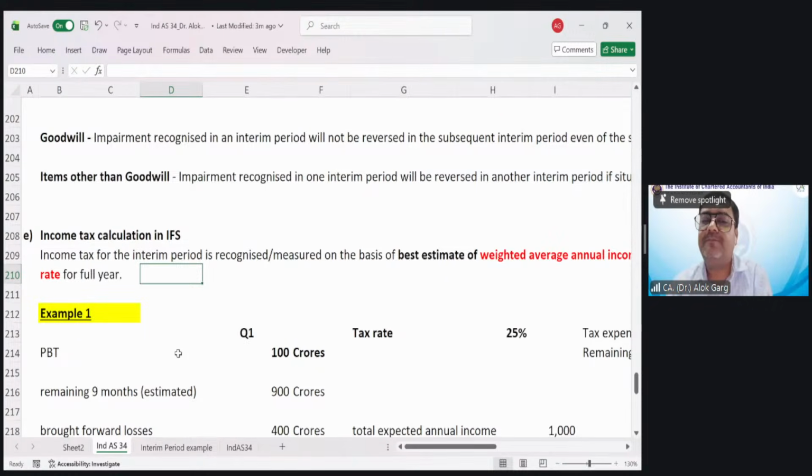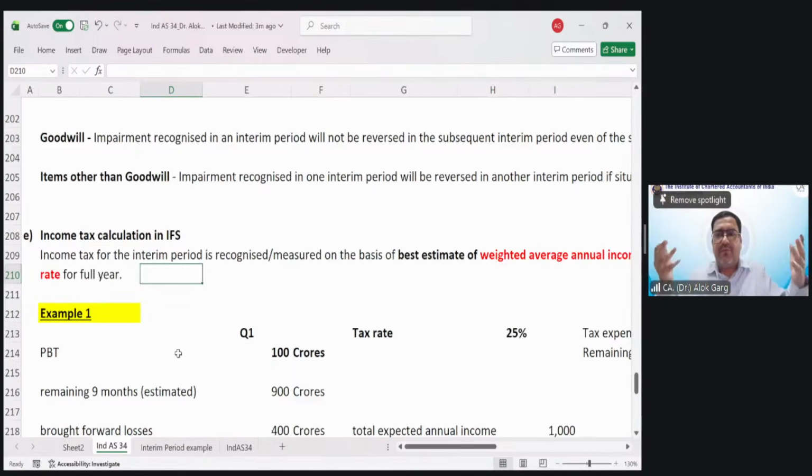Okay, right? So friends, tell me, this 100 crore brought forward loss, does it have to be adjusted only from the current quarter profit? No, this has to be adjusted from the full year profit.